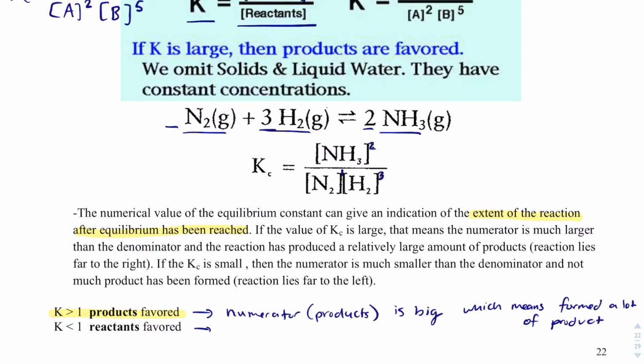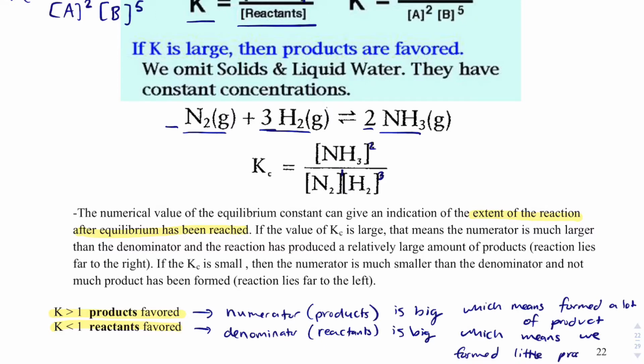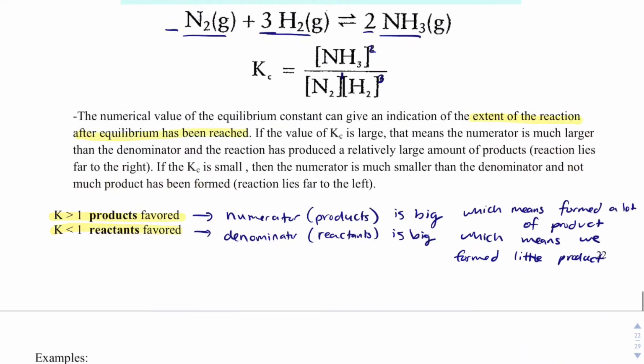And if K is less than 1, we're reactant favored, meaning my denominator, which is my reactants, is big, which means we formed little product. Meaning we didn't form very much.